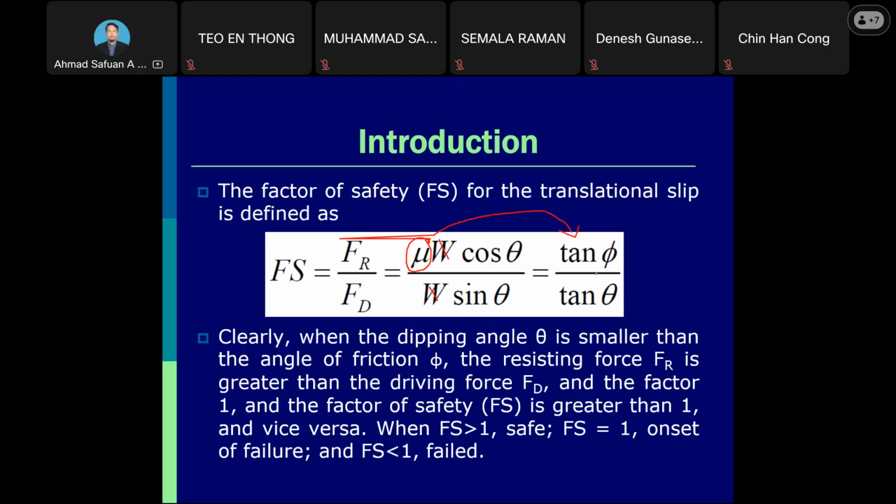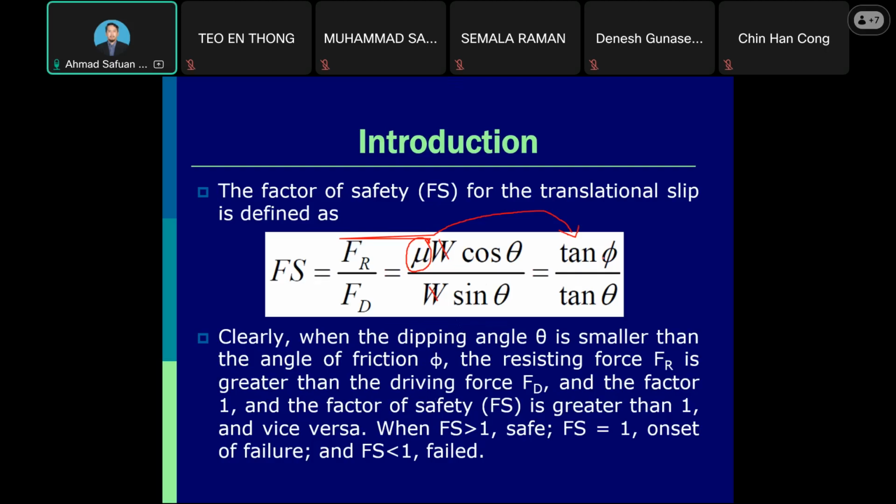So as I mentioned before, in order to make sure that your slope is stable, you need to make sure that the angle of the slope is less than the friction angle of the soil. Let's say for a compacted type of material, the phi angle is around 33.